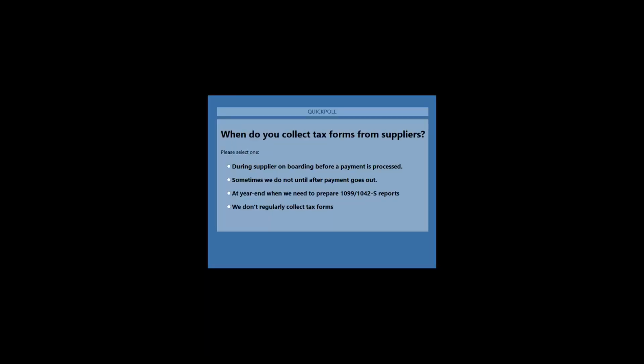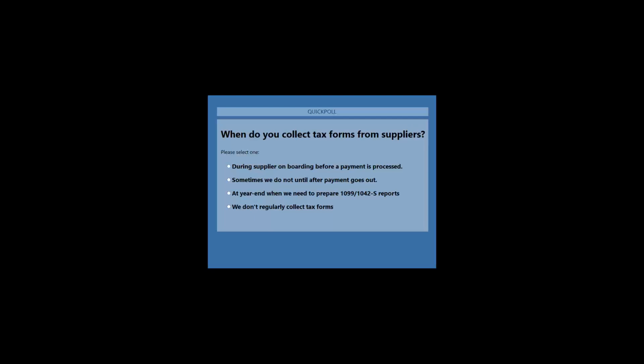So first, we're going to start off with the polling question. The very first polling question is, when do you collect tax forms from suppliers? All right, poll question number 1 is now live. Everyone go ahead and answer poll number 1. We're going to have 3 more polls following this one. Everyone make sure that you get your answers in by hitting the button on the GoToWebinar poll box, followed by the submit button.